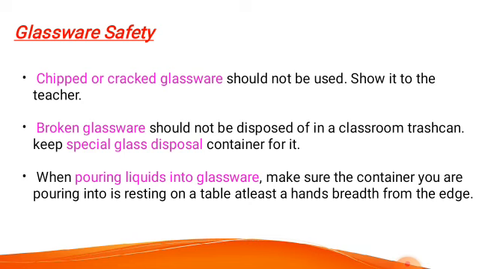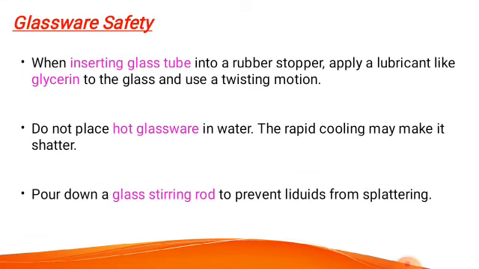When pouring liquids into glassware, make sure that the container you are pouring into is resting on a table at least a hand's breadth from the edge. When inserting a glass tube into a rubber stopper, apply a lubricant like glycerin to the glass and use a twisting motion.